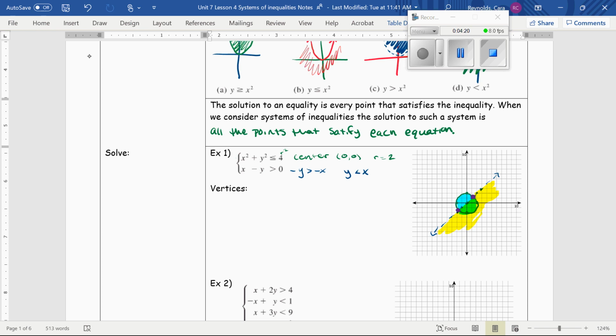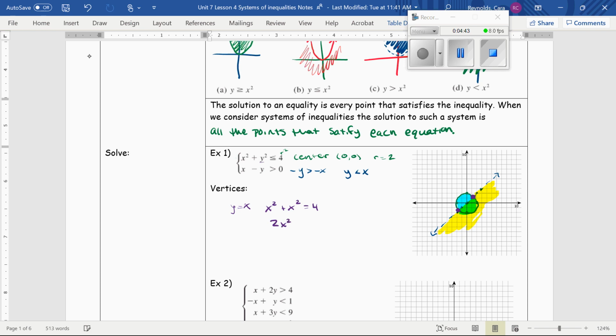And so for this particular one, knowing that y is essentially equal to x, if I replace that inequality sign along that line, y equals x, I can sub that in up here. And so x squared plus x squared is equal to 4. And I can just solve my system. Now, sometimes you can read them off the graph. In this case, I can't.